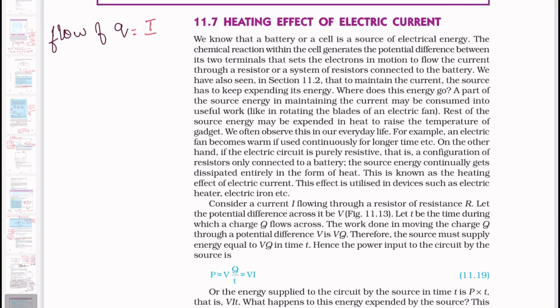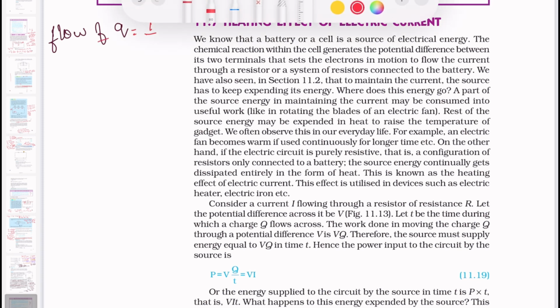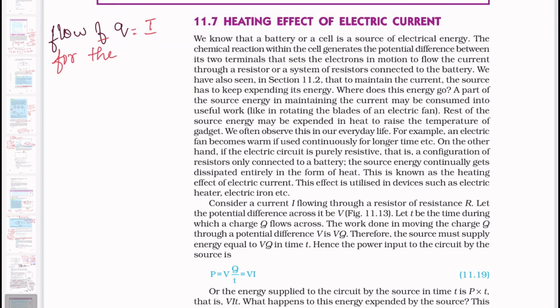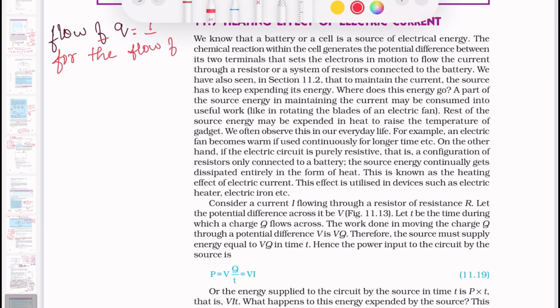Now, for the flow of charges, we need a potential difference, that is V. This potential difference is given by the battery or cell.